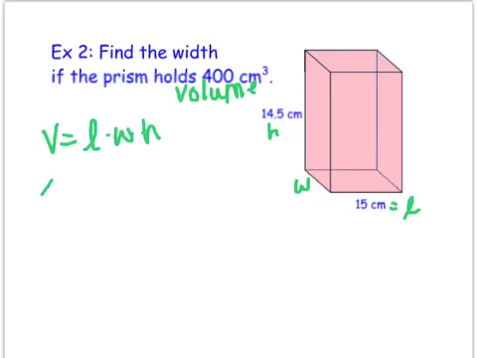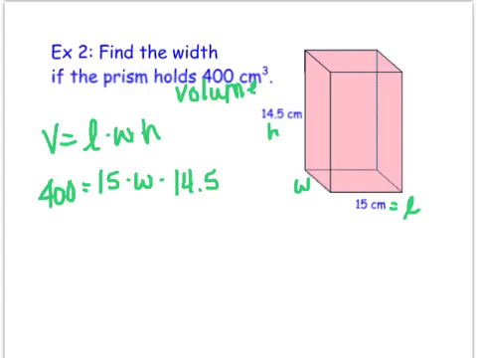So I'm going to write 400 equals my length, which is 15, times my width, which I don't know, times my height, which is 14.5. Now here's the deal. Because of the commutative property of multiplication, you can multiply all of this in any order.